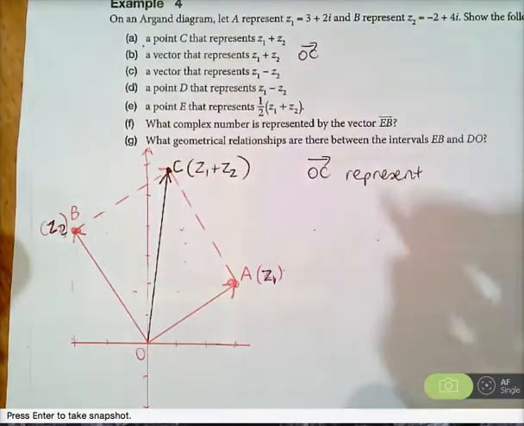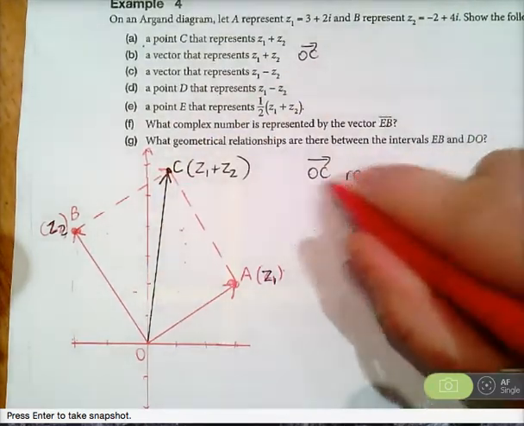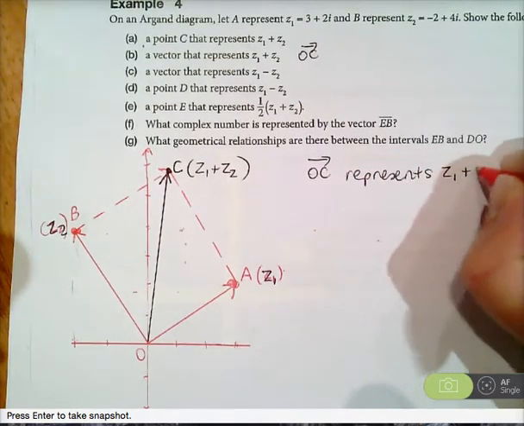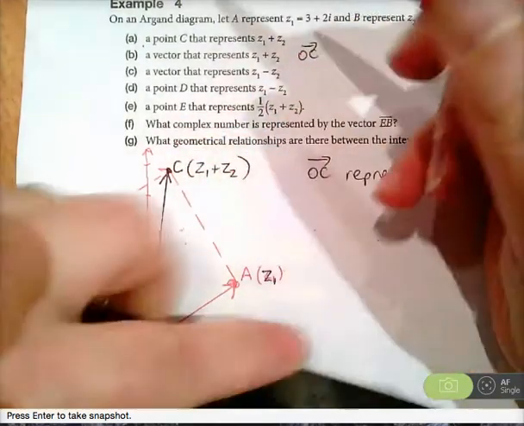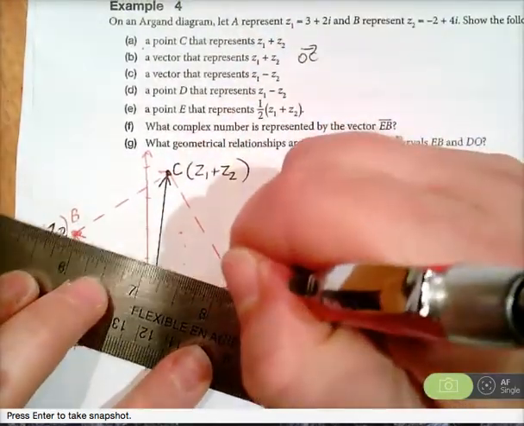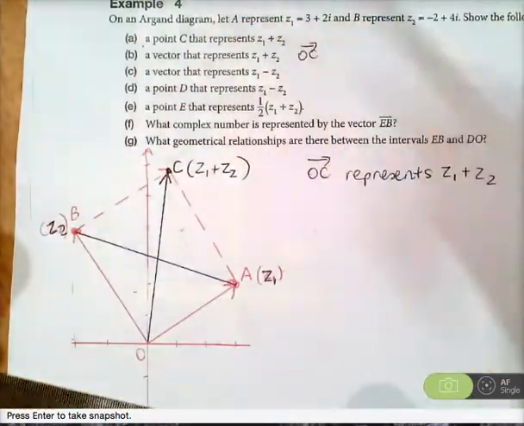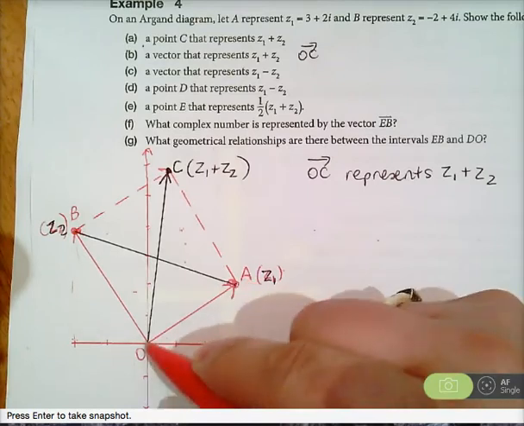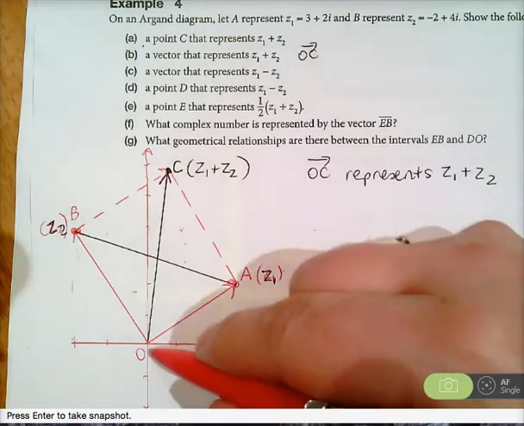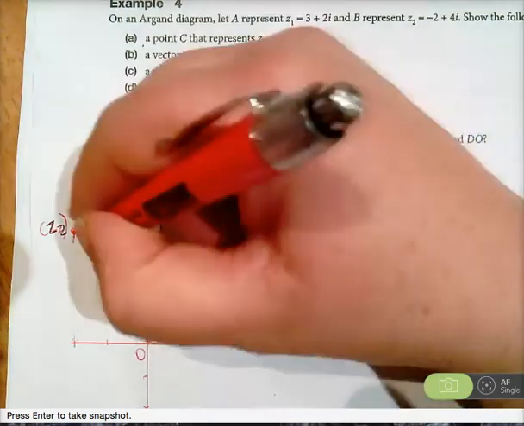Now the vector that represents Z1 minus Z2, so if this is Z1 plus Z2, this other diagonal will be Z1 minus Z2, but you've just got to get the direction correct. Now if you've got Z1 minus Z2 and you then completed the parallelogram, it goes this way. Okay, so just pretending that you're bringing minus Z2 here, the arrow would be that way.